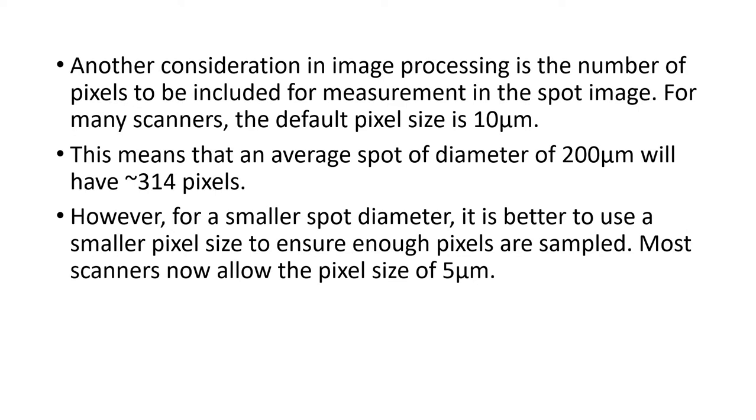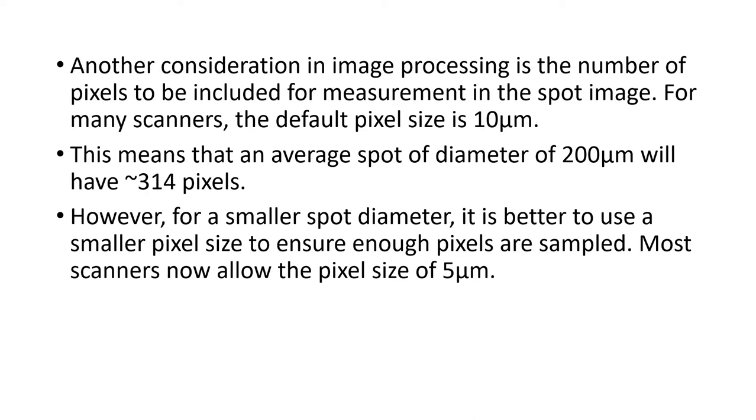We generally contain the 314 pixels, but for image processing it is better to use a smaller pixel size so that enough pixels can be sampled. Most scanners now allow a pixel size of 5 micrometer.